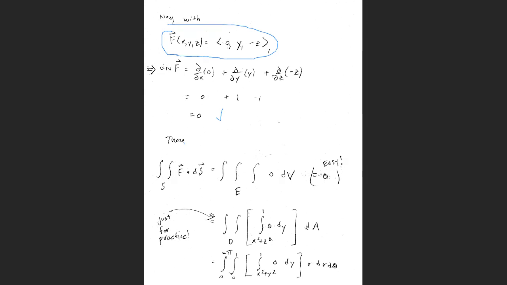Well, then by the divergence theorem, the flux is the triple integral across the solid E of the divergence of the vector field F dV. Now dV could be rectangular coordinates, cylindrical coordinates, or spherical coordinates.